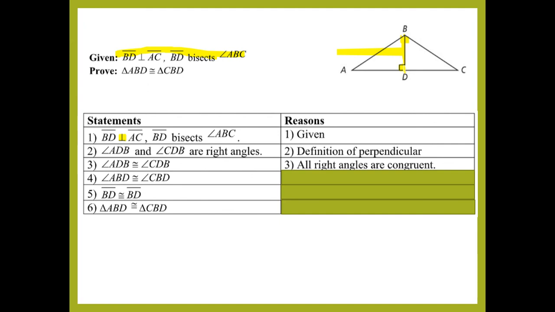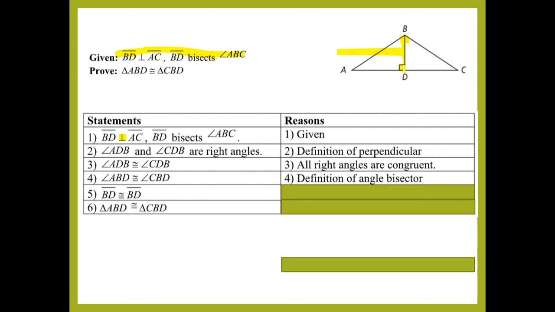We can also say that angle ABD is congruent to angle CBD. We know this because that is the definition of an angle bisector. Up here we were told that BD bisects angle ABC. If this line right here is bisecting this angle B, that means that ABD, this small angle on the left side, has to be congruent to angle DBC.